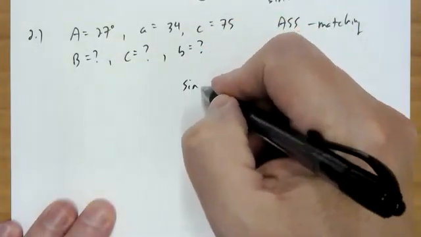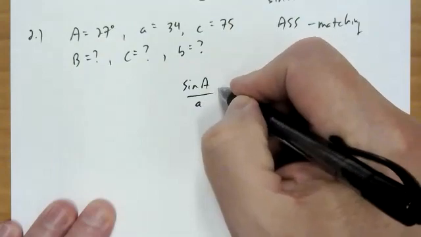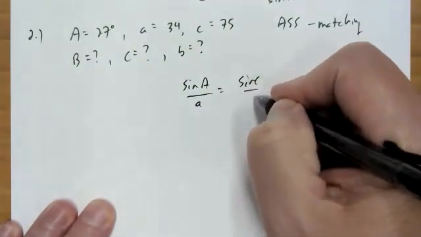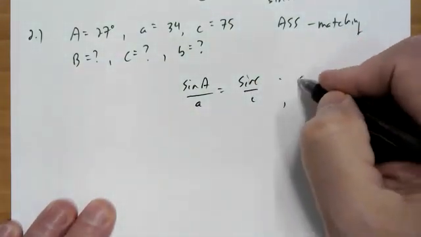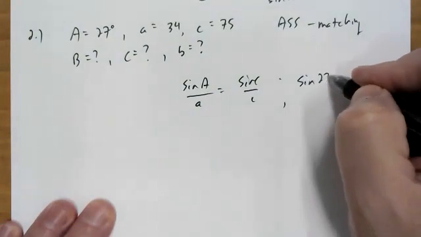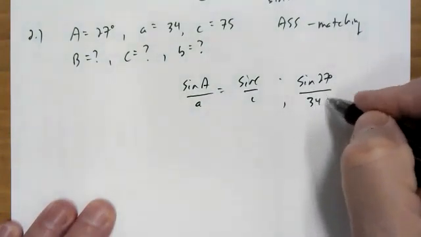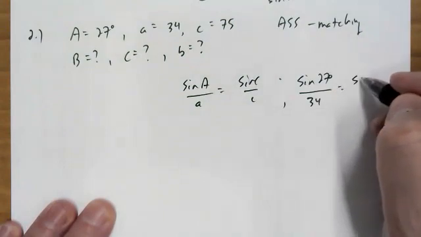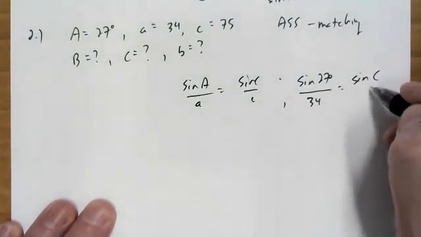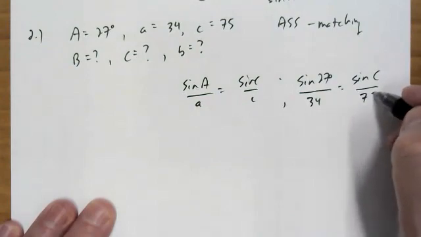So I'm going to figure out angle C by using the law of sines. So the sine of A over A equals the sine of C over C. Sine of 27 degrees over 34 equals the sine of C over 75.